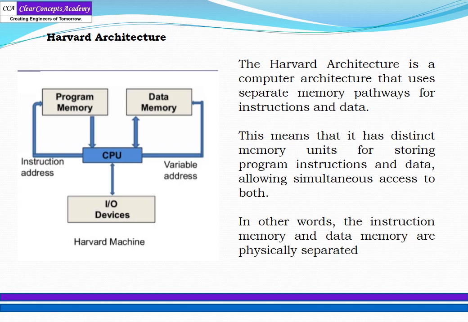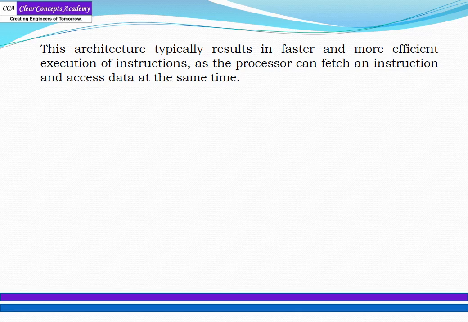In other words, the instruction memory and data memory are physically separated. This architecture typically results in faster and more efficient execution of instructions, as the processor can fetch an instruction and access data at the same time.